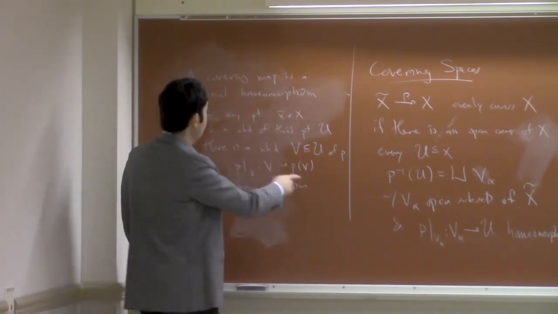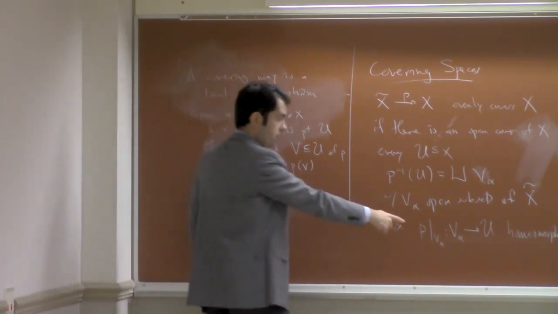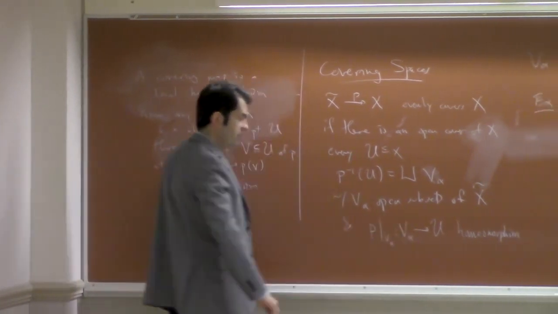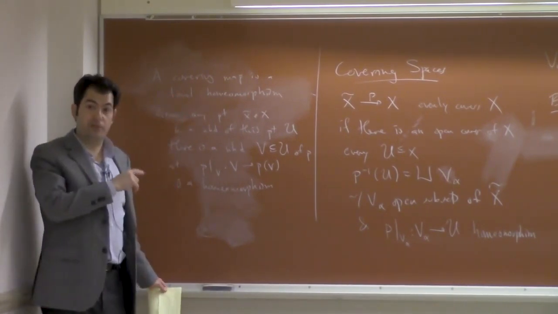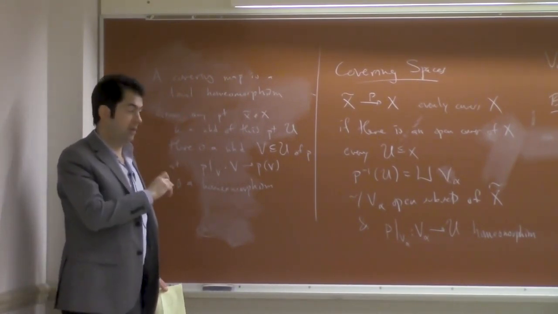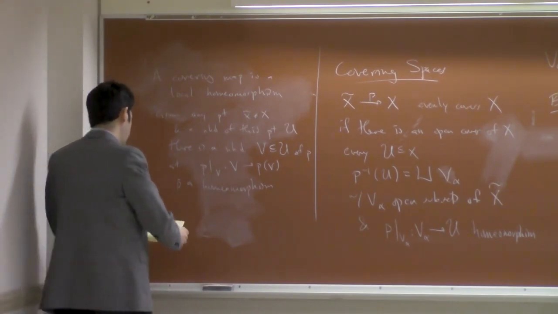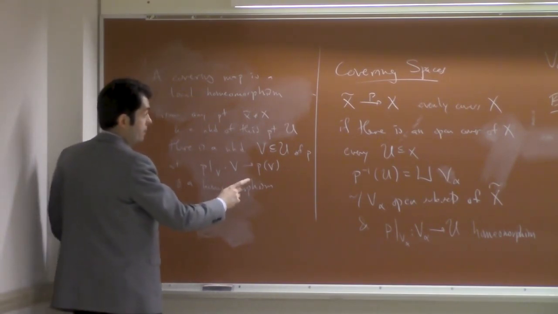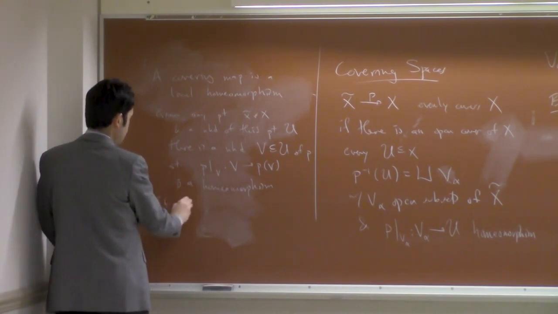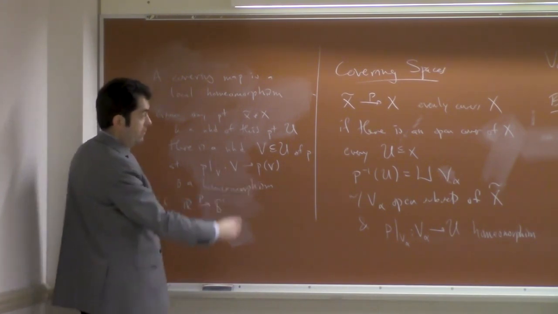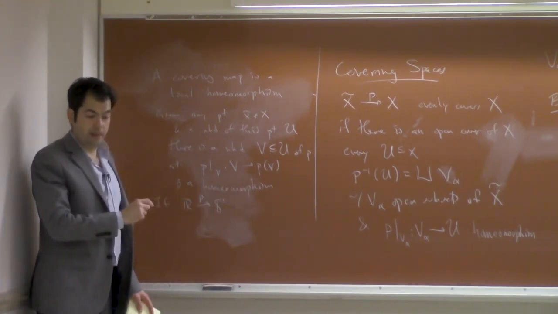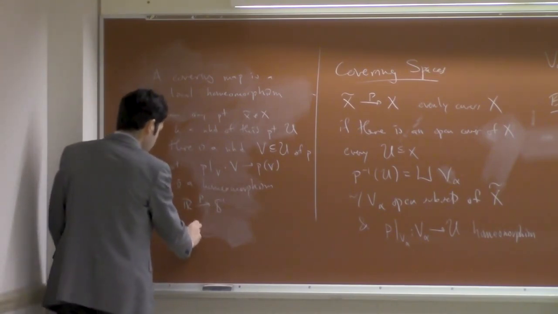So every covering map has this property because you just look at the slices. But this is not enough to know that you have a covering map. So for example, if you just take the covering of the circle by the real line that we had before, then just restrict this.